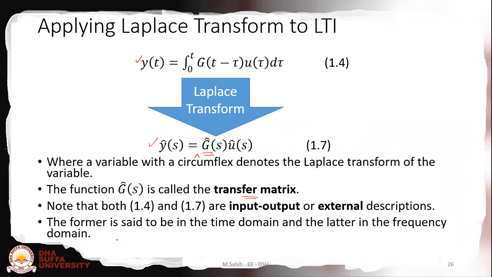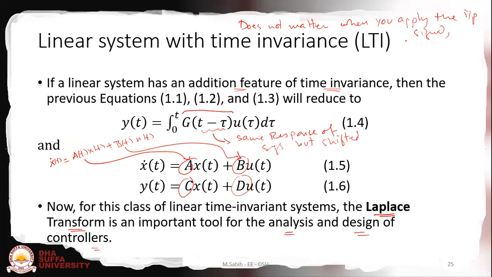The former, the previous one, is the time domain, and the latter, this one, is the frequency domain. Right? So keep in mind that the Laplace transform is applicable to linear time invariant systems, which we call LTI. Invariant, okay?